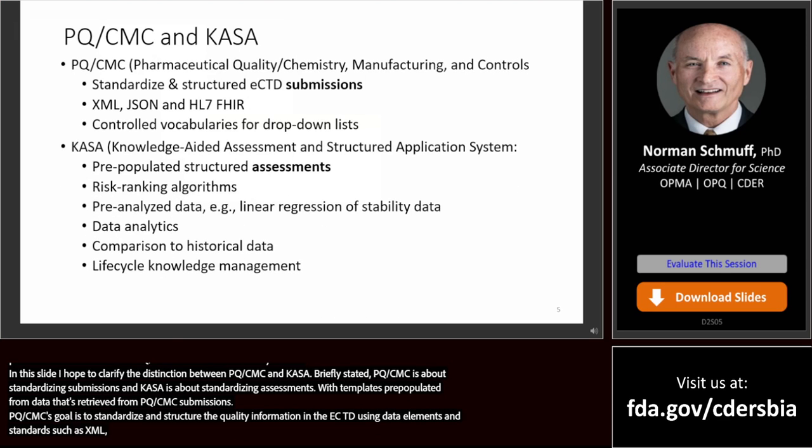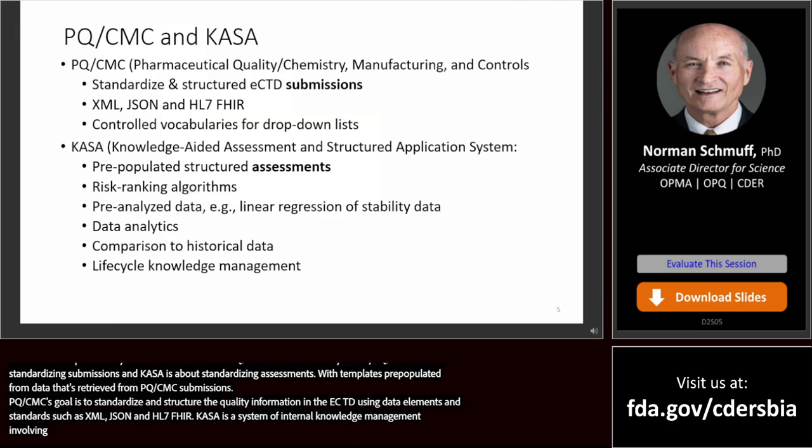CASA, on the other hand, is a system of internal knowledge management involving pre-population of review templates, risk ranking algorithms, and data analytics that will facilitate lifecycle management in comparison to previously submitted documents.